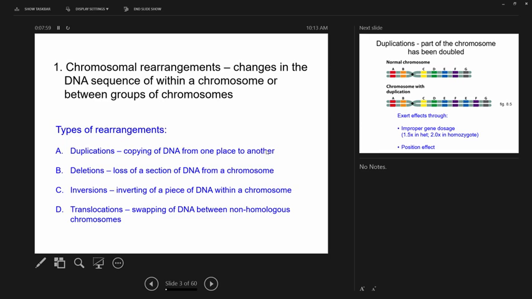Inversions is where a piece of a chromosome pops out, flips around, and goes back in. We've talked about that. And same thing here with a translocation. With a translocation, we're talking about swapping of DNA, and this is the important part here, between non-homologous chromosomes. You get swapping of DNA all the time. That's what recombination is.